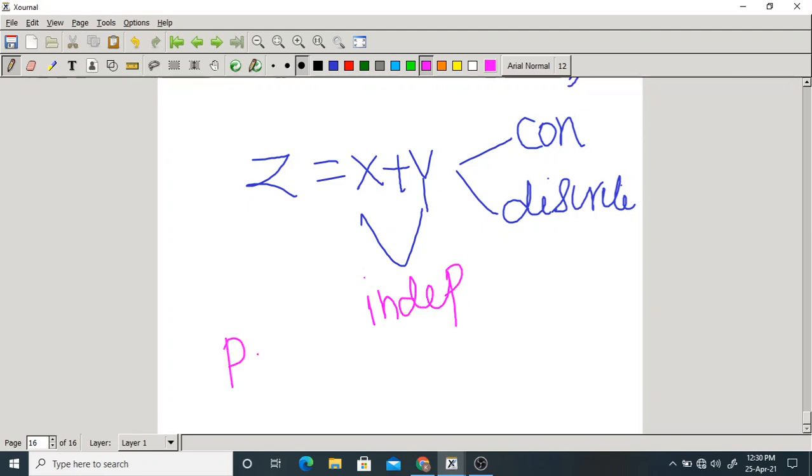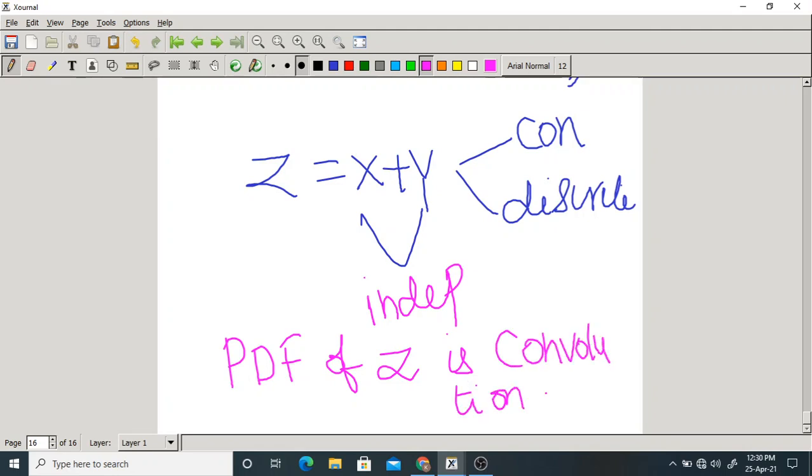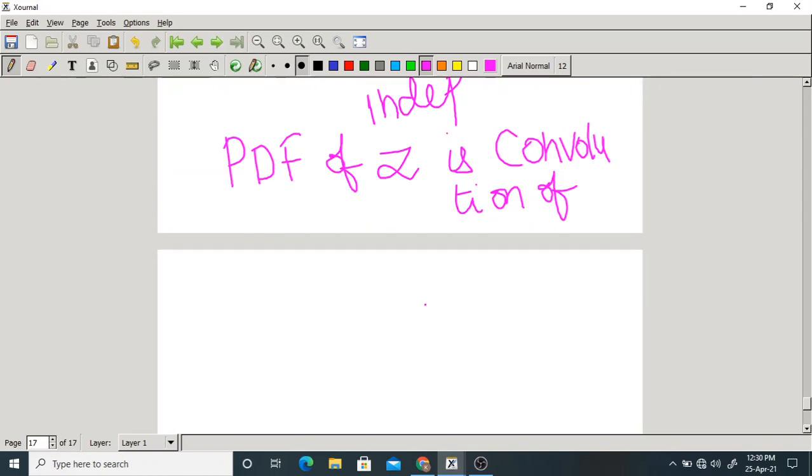The PDF of Z is the convolution of the PDF or PMF of X and Y. This is simple logic.